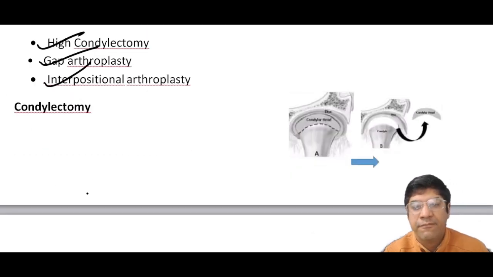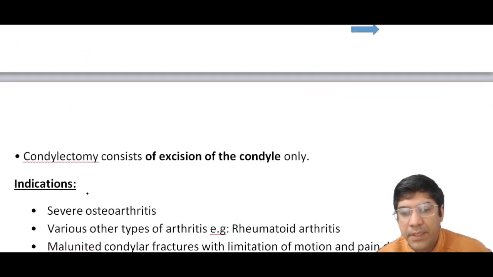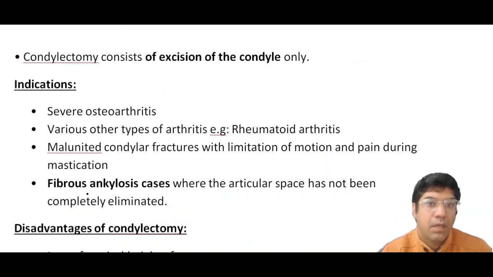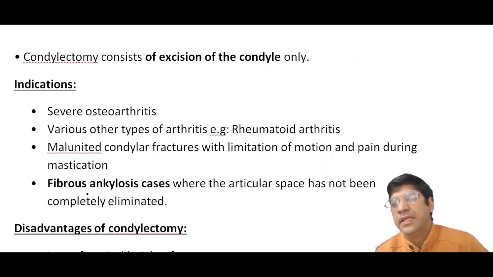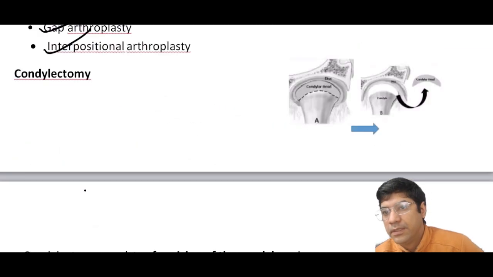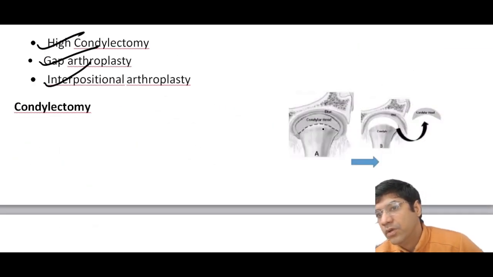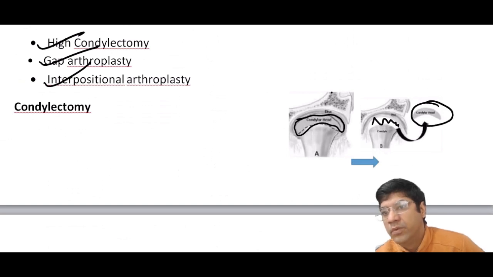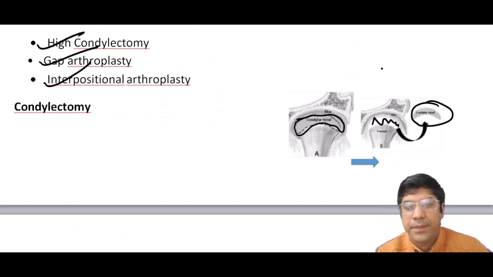Let us discuss them one by one. The first is condylectomy. Condylectomy means there is excision of the condyle portion only. You can see here, when this condyle head part is removed, that is known as condylectomy.